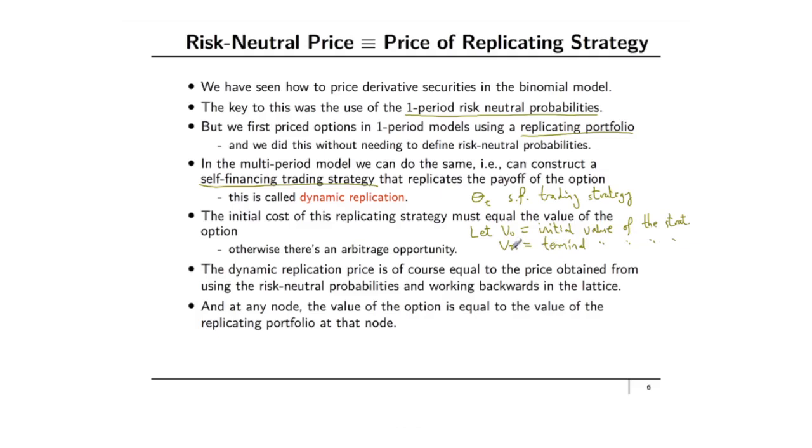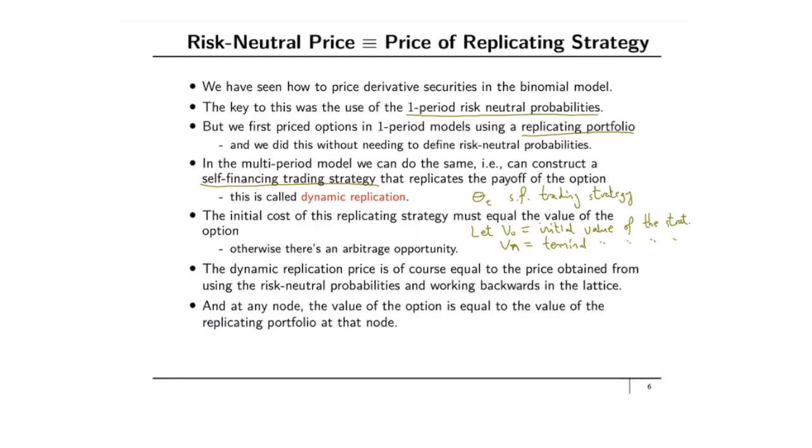We've been using n for number of periods, so we can stick with n. Now, because this is a self-financing strategy, there are no cash flows between time 0 and time n. There's no cash flow coming out, there's no cash flow going in.